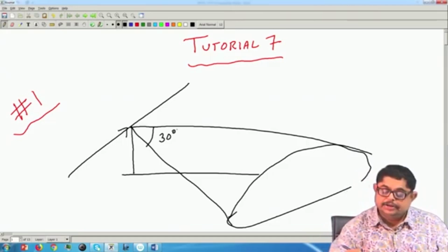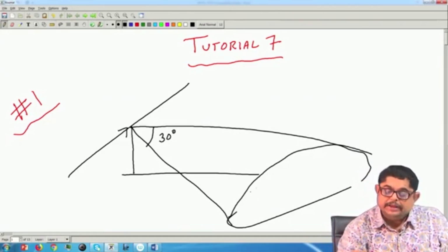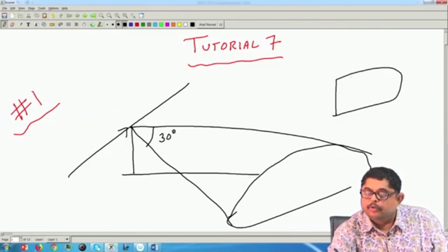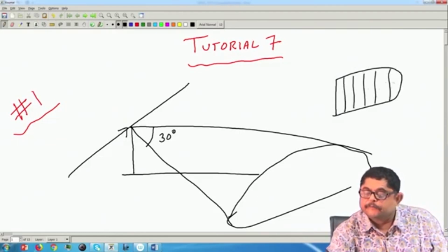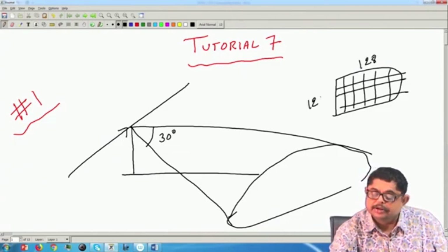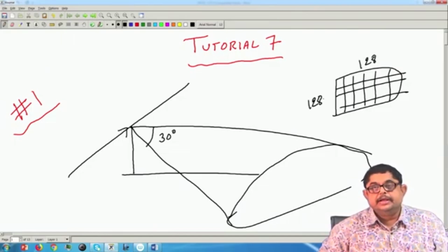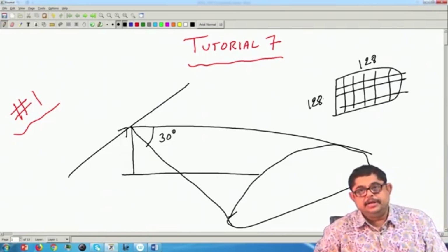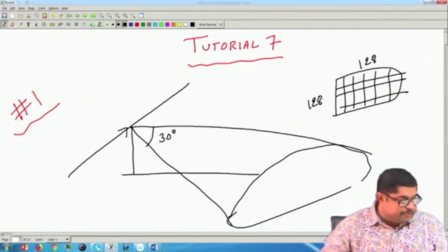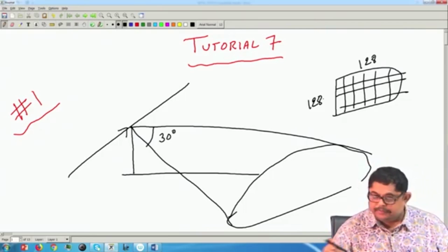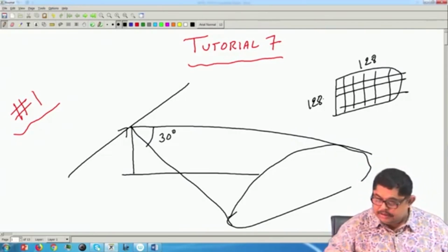So, this sector is to be mapped as an image of pixels. So, this is 128 pixels, this side is also 128 pixels. So, this whole sector is to be mapped in that, and then the following things are to be found. So, let us start first.